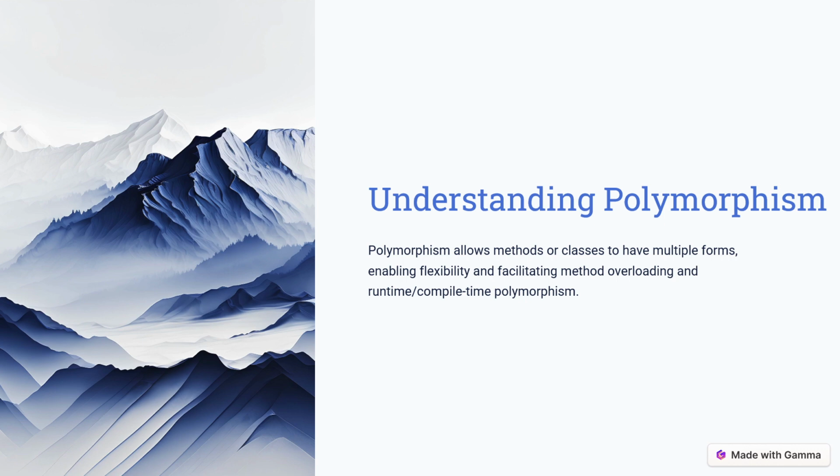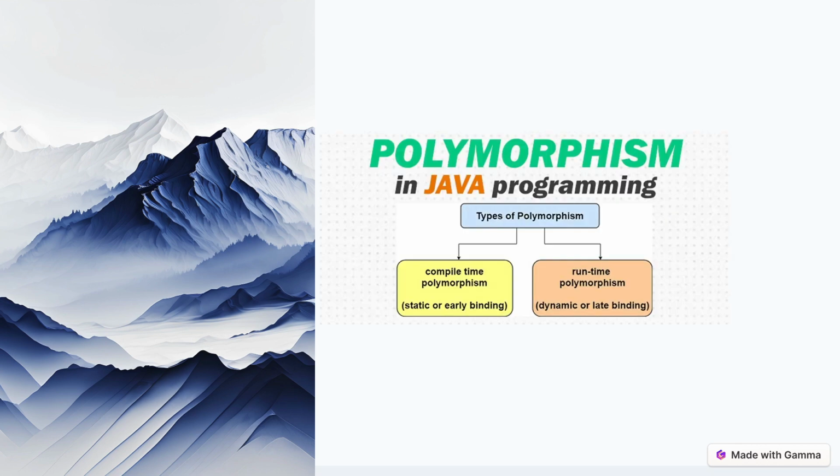Let's move into another OOPS concept, that is polymorphism. What is polymorphism? Polymorphism means, poly means many, morphism means action, behavior, act. So a single function, a single method, behaving differently.